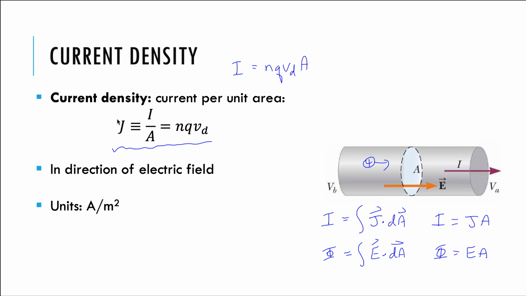But current density is a very important quantity that we're going to see several times throughout the course. So I wanted to give the general definition over here, but we're not going to use it in this course. We're only going to use the simplified definition.